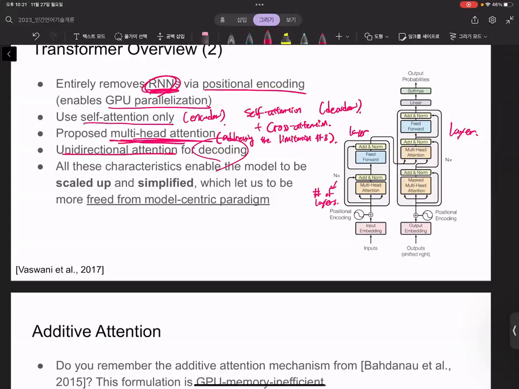So this way it is very easy to scale up the network, right? This is impossible in RNNs or LSTMs because if we use more time steps, the gradient vanishing problem will be severe. But in the transformer, there is less risk of it.